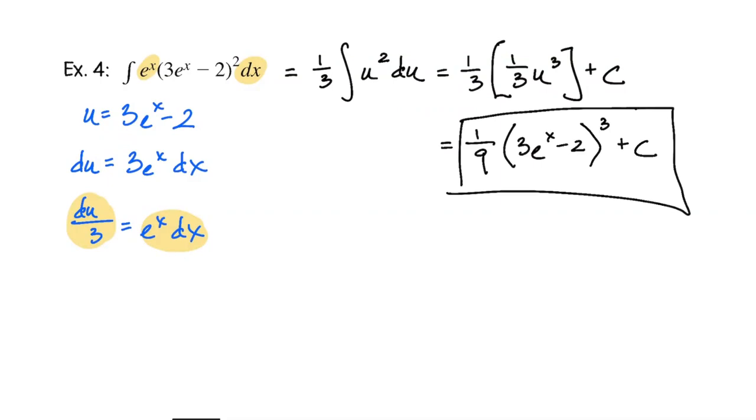Any questions on example 4? Ah, that second 1/3 came from the power rule of u squared, right? So the integral power rule is you're going to take that power, add 1, and then divide by that power plus 1.